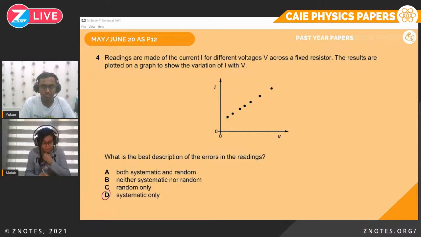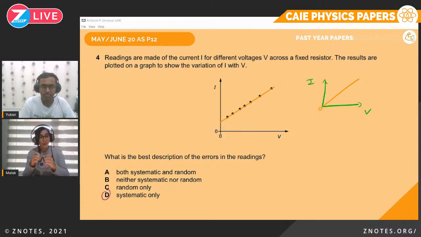Neither systematic nor random. No, so you know that in an IV graph, the line always runs through the origin. If there's 0 V, there is 0 current. Right? So right now, it's not really running through the origin. So we know that it has to be systematic error.